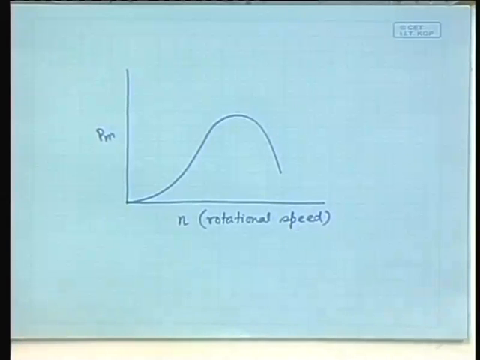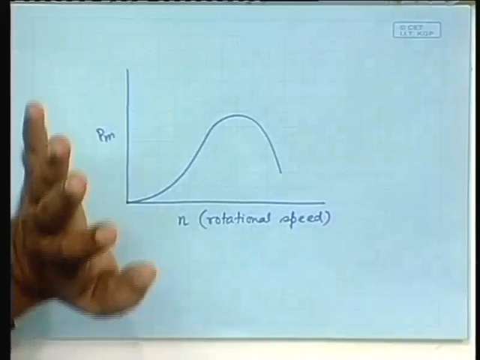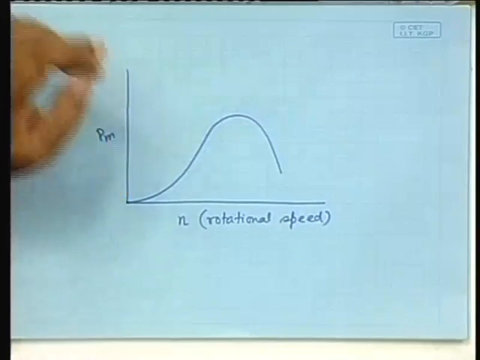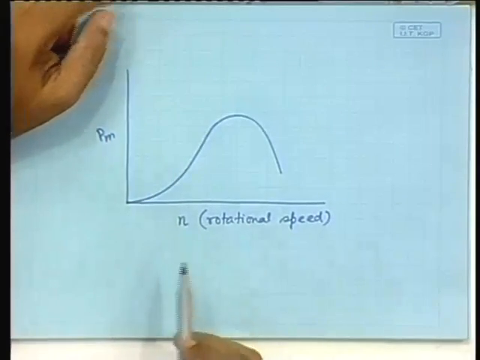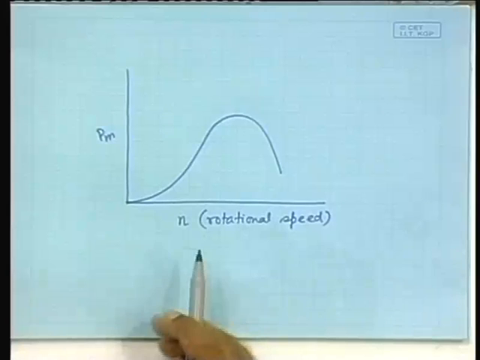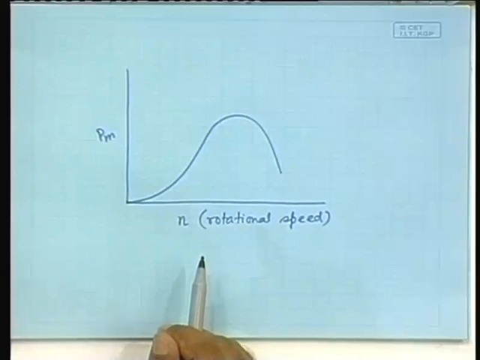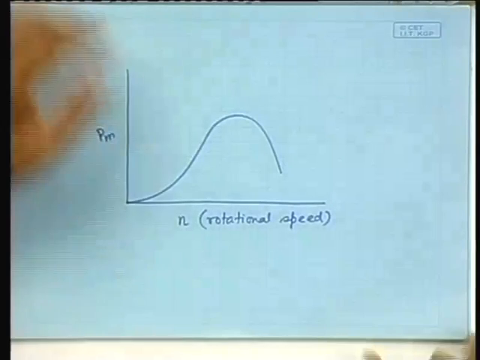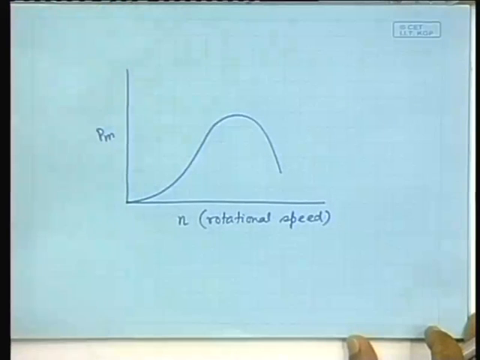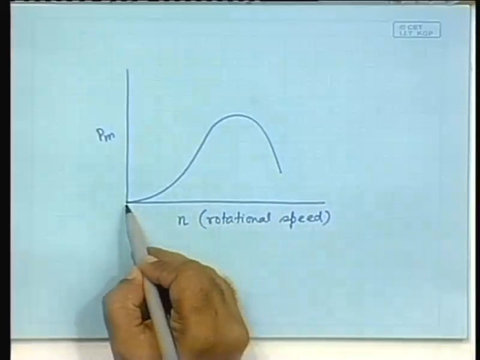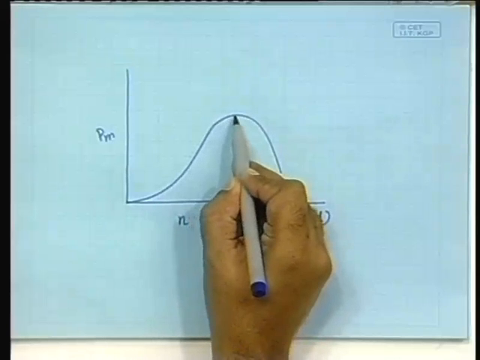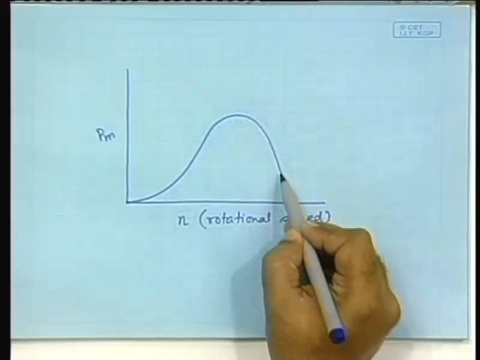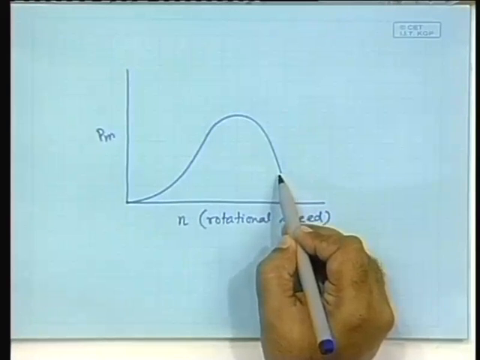For a given wind speed, the power versus speed characteristic should be something like this. So, after starting at 0, it should rise up, reach a maximum, and then as you increase the speed further, it should go down.